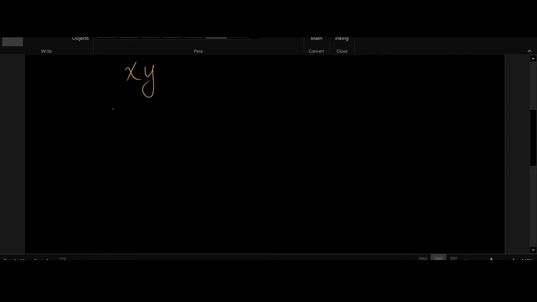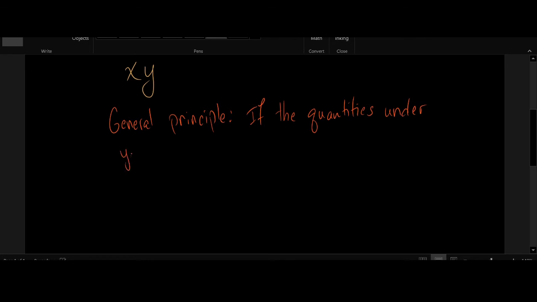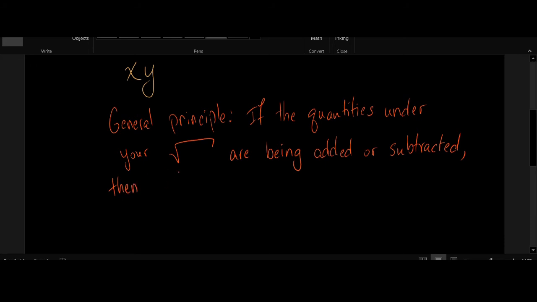So here's a very important general principle. If the quantities under your square root are being added or subtracted, then the square root cannot be simplified.